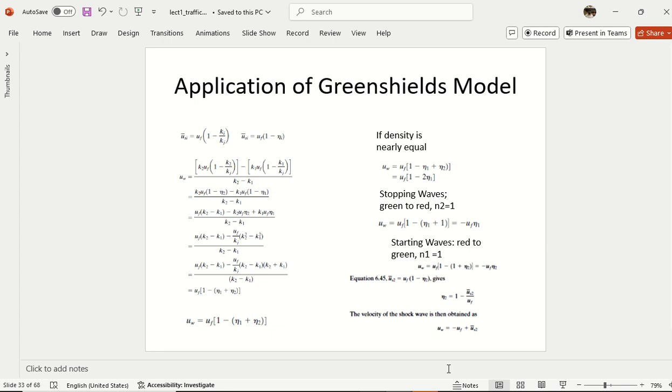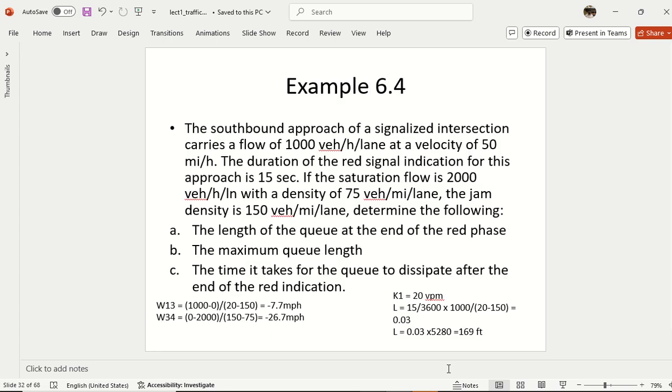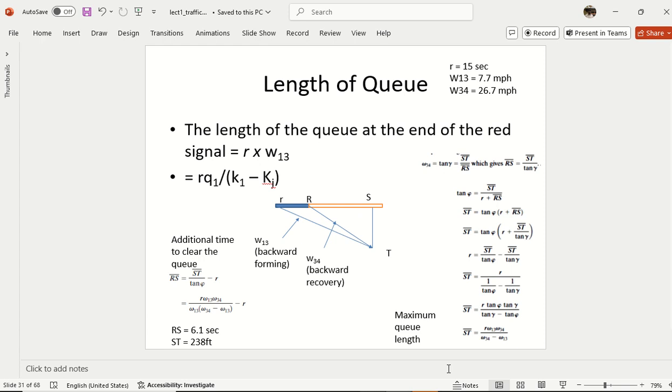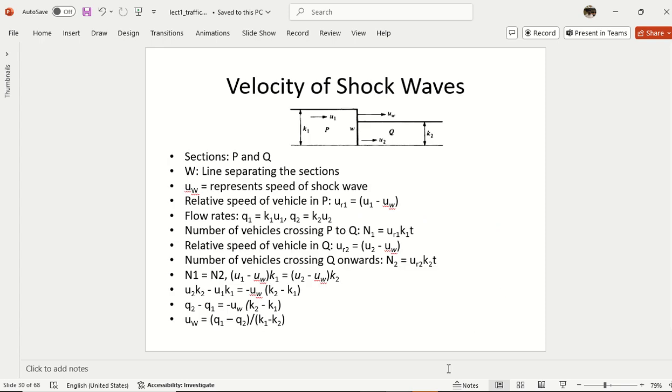Now what was the equation of the speed of the shock wave? This is the equation, right? Q is flow, and K is density.